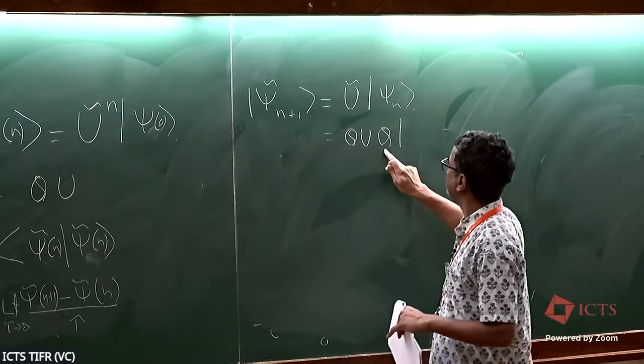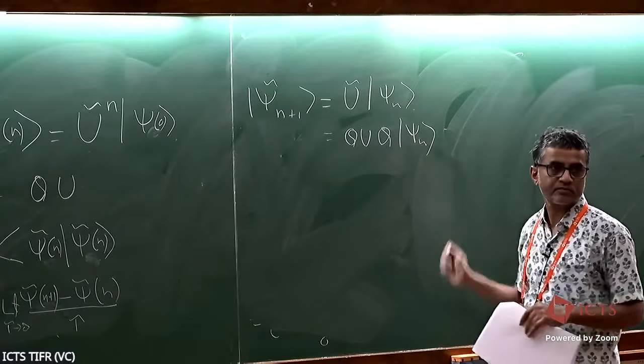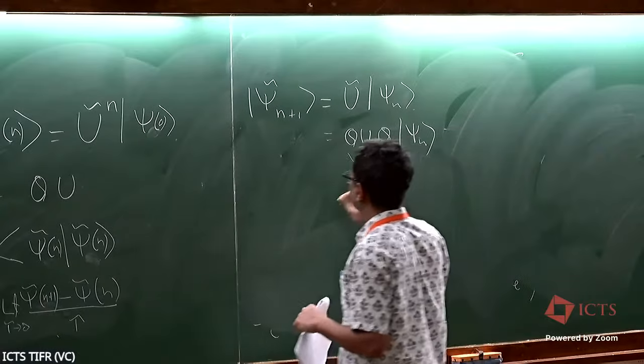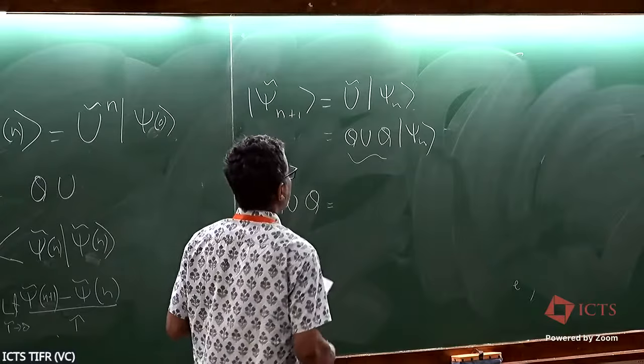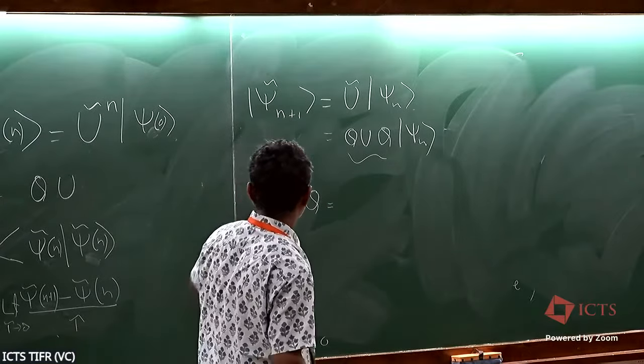So if we put a Q psi n, it's the same object. So we'll actually now look at this operator Q U Q. I hope this is clear, right? So let's look at this object.